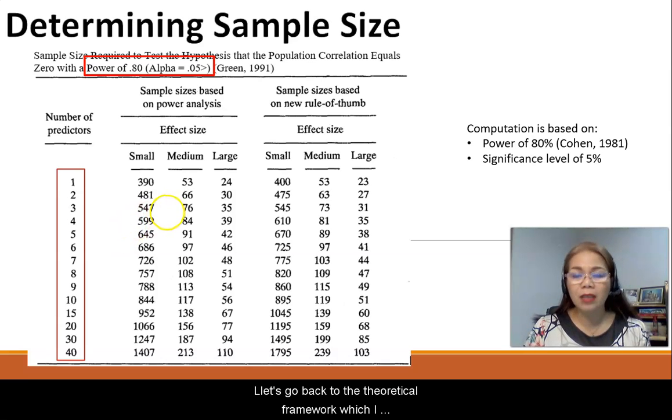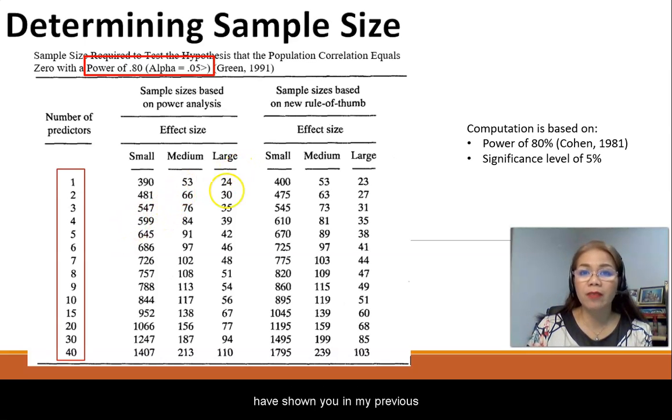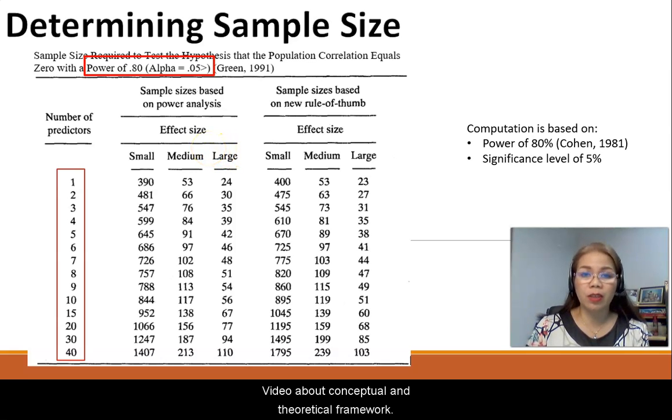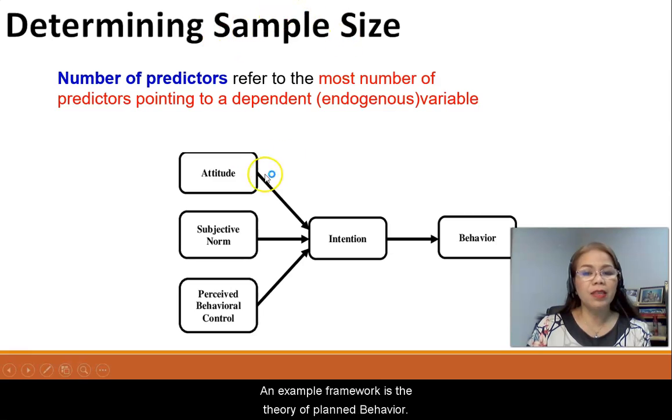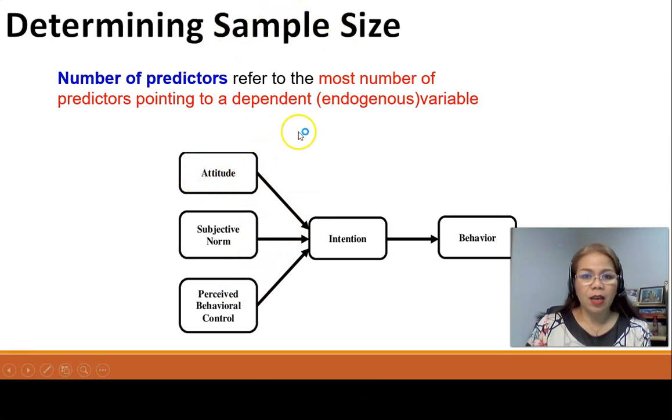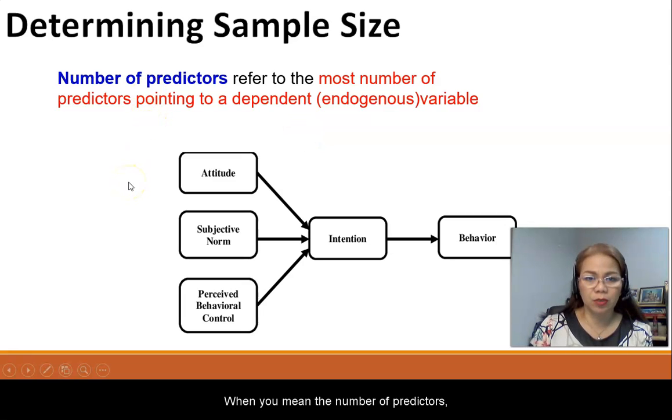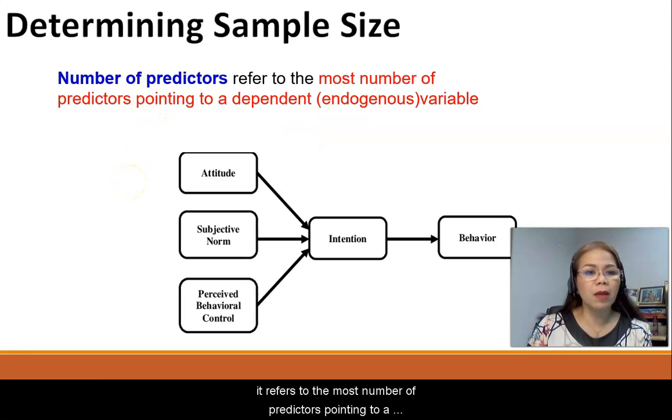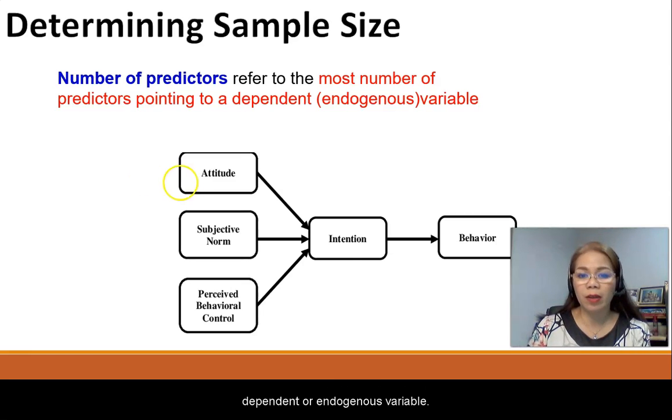Let's go back to the theoretical framework which I showed you in my previous video about conceptual and theoretical frameworks. For example, this framework of the theory of planned behavior. When we mean the number of predictors, it refers to the most number of predictors pointing to a dependent or endogenous variable.